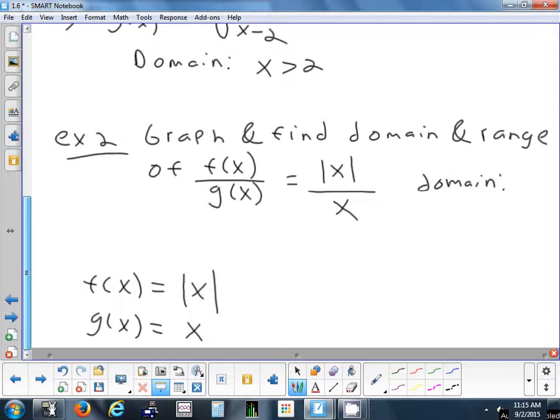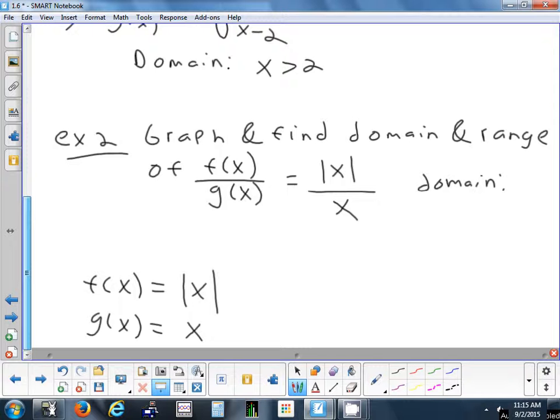What values would you be allowed to plug into that fraction? Sometimes it's helpful to think about what values you can't. Maybe that's an easier way to say it. Can't you plug in anything but 0? Anything but 0. Okay, so the domain is all real numbers except 0.